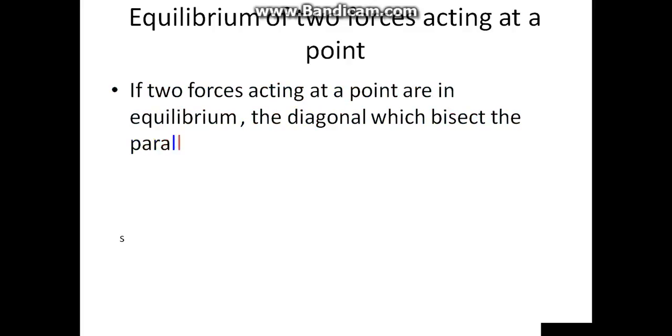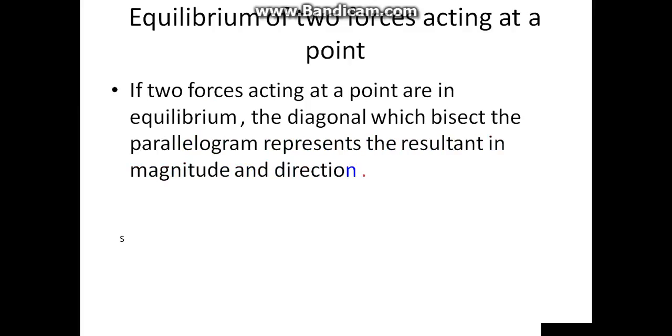Equilibrium of two forces acting at a point. If two forces acting at a point are in equilibrium, the diagonal which bisects the parallelogram represents the resultant in magnitude and direction. Then get the formula.